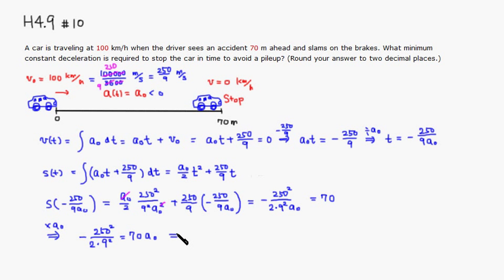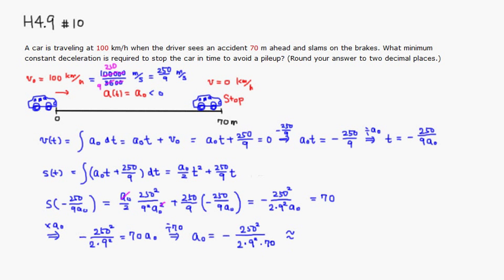Then we divide through by 70. So a0 is going to be negative 250 squared over 2 times 9 squared times 70. Let's get this value.